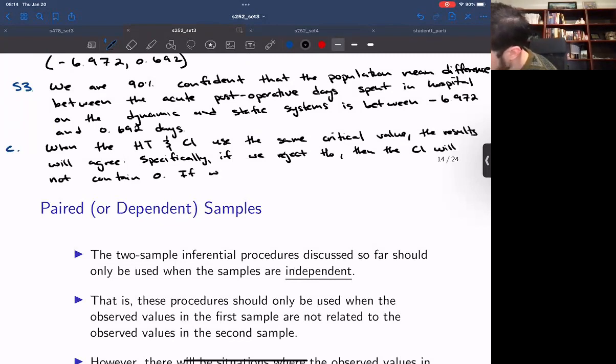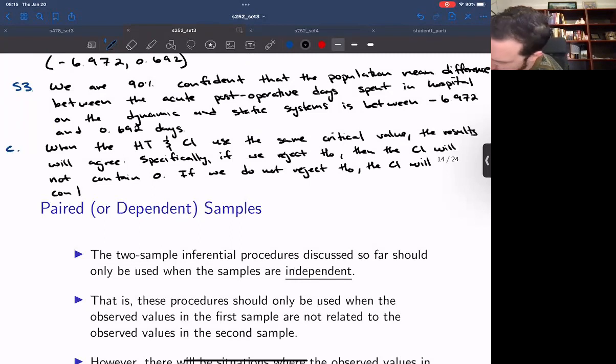If we do not reject H0, the CI will contain 0. Okay, so we can check for this agreement simply by looking at the bounds on the interval and the result of the hypothesis test. So assuming that we use the same critical value, if we reject the null, the associated confidence interval will not contain 0. If we do not reject the null, the associated confidence interval will contain 0.